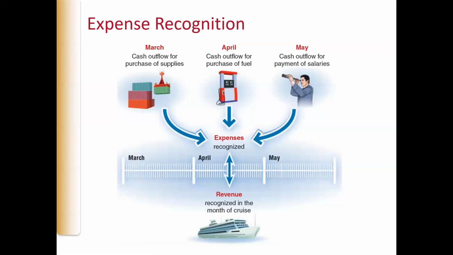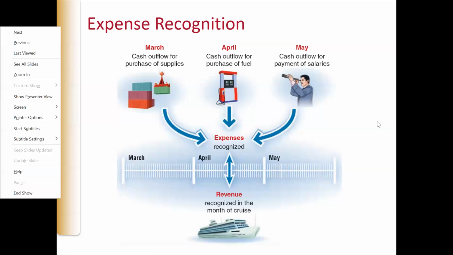So even though in March supplies were purchased, we're not going to record those supplies until April. Why? Because the revenues occurred in April. Therefore, all of our expenses associated with making those revenues also happen in April. So you're wondering, okay, how does that happen? That's what this chapter is about.